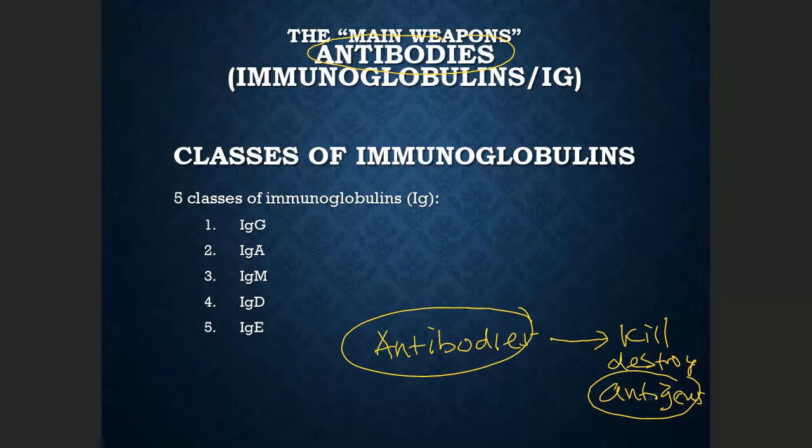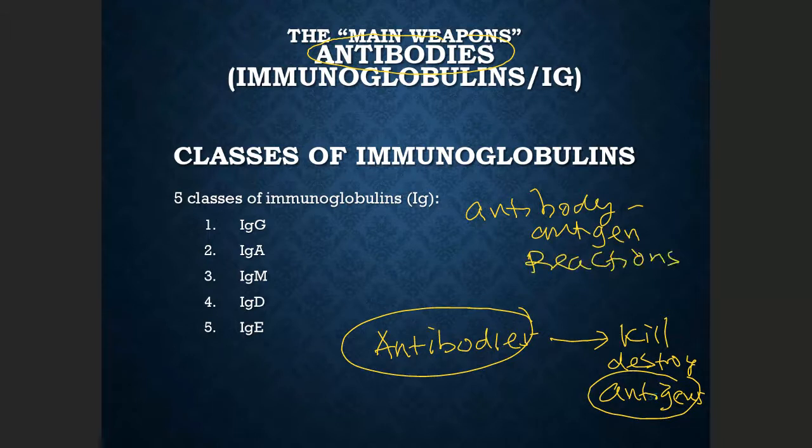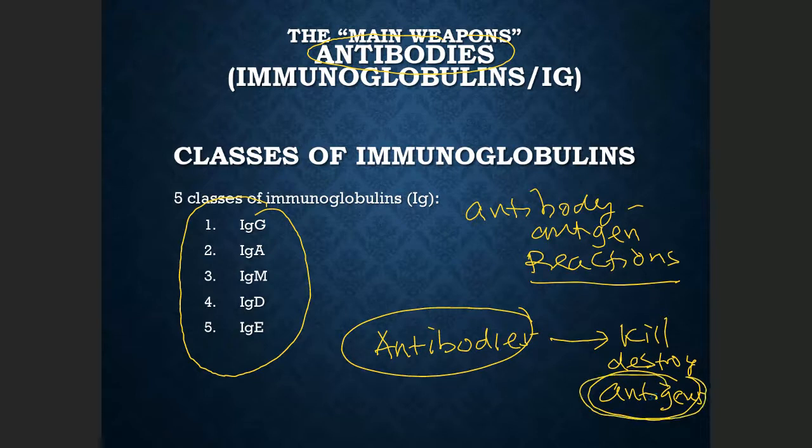So sometimes we talk about the antibody-antigen reaction, because that's the normal reaction of antibody, which is to try to destroy the antigen. And just remember, we have 5 types of antibody. The most abundant one is IgG, then IgA, IgM, IgD, and IgE. So every time antigens enter into our body, then these antibodies will be produced.